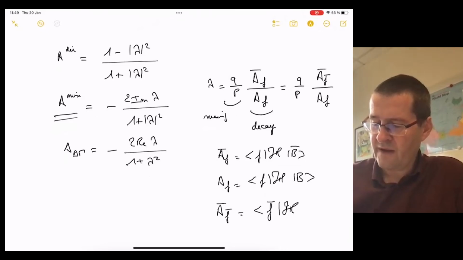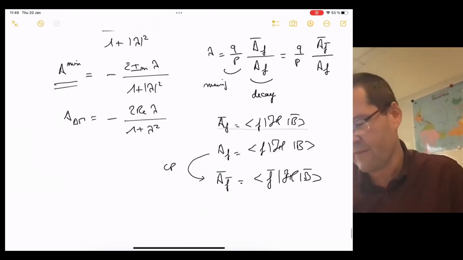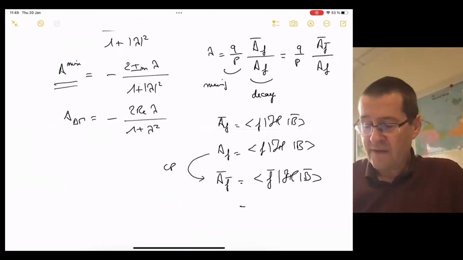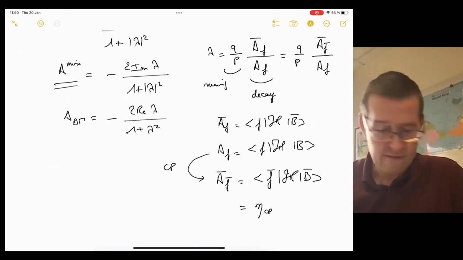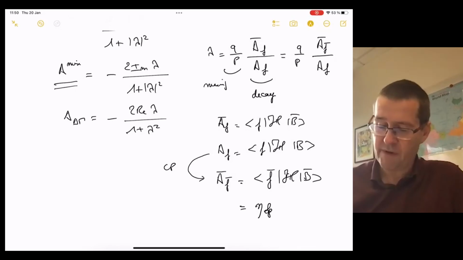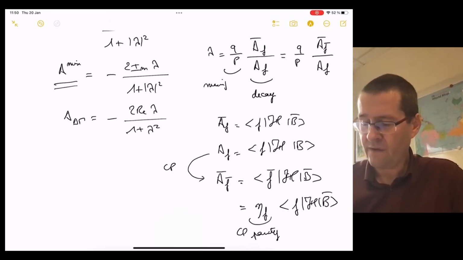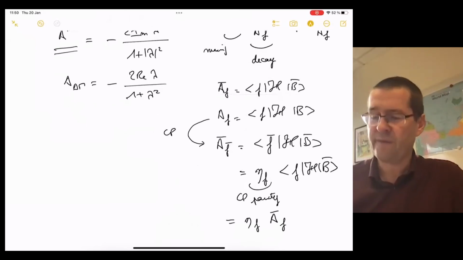That's the one you obtain once you apply CP to A_F, because when applying CP you have to apply it to B, to the effective Hamiltonian, and to the final state. Because we chose an F_CP, that's going to be eta_F, the CP parity of the state, times F times B. So this one is actually eta_F times A bar F bar.